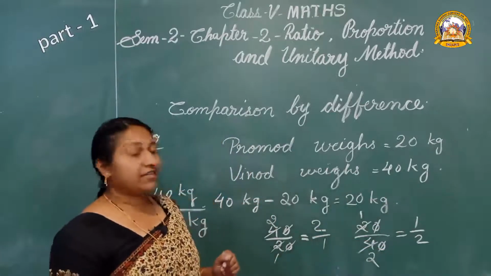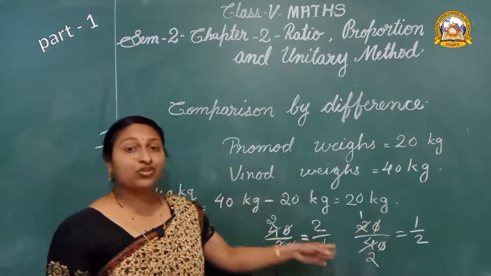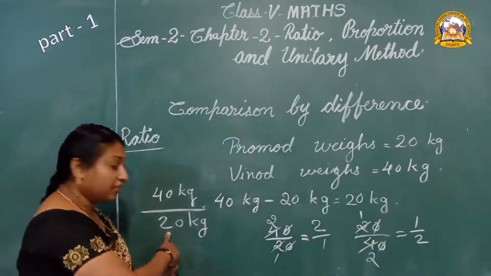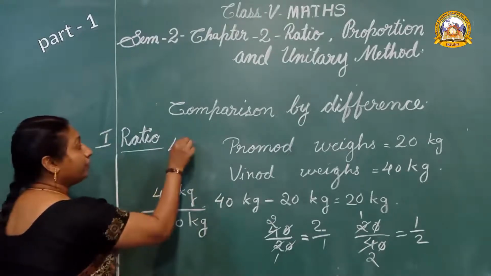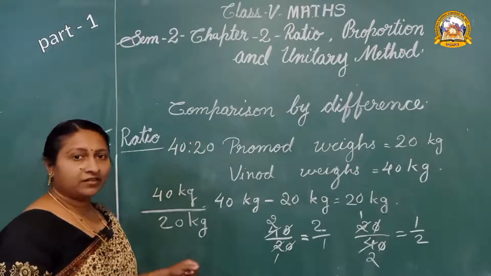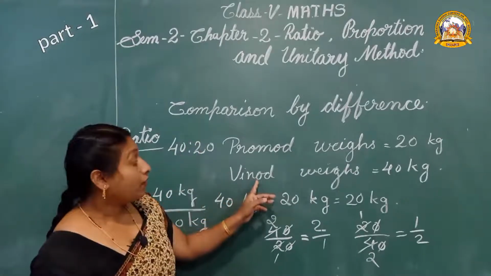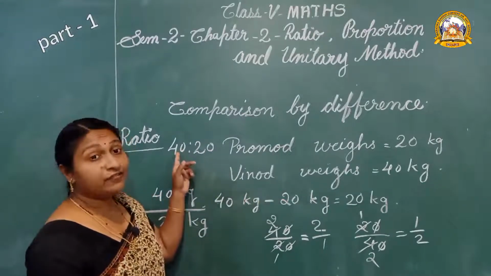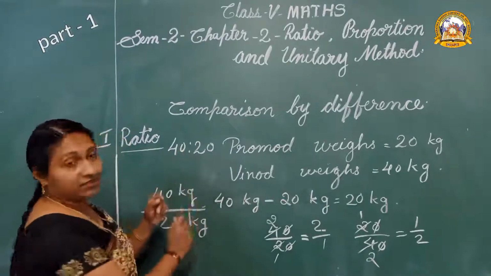Children, here we can understand one more thing. Here we can write the ratio. How is the ratio? 40 is to 20. How can we write that ratio? 40 is to 20. Okay, if we say the name of Vinod first, we should write the 40 first. These are two terms.